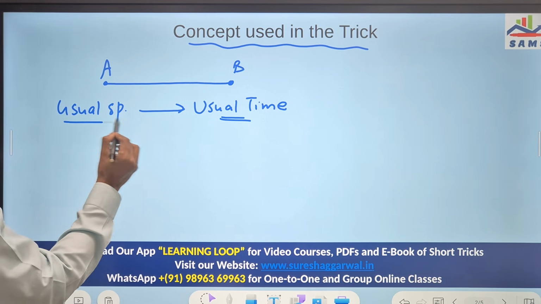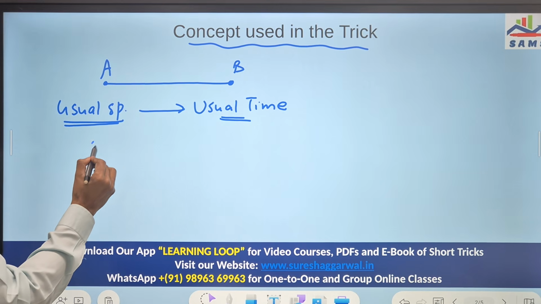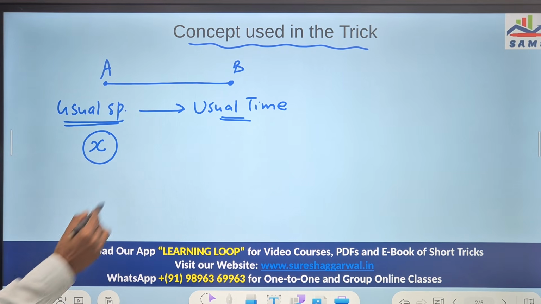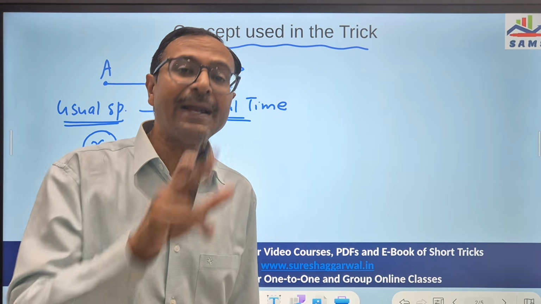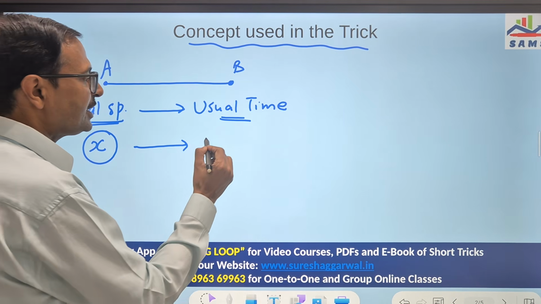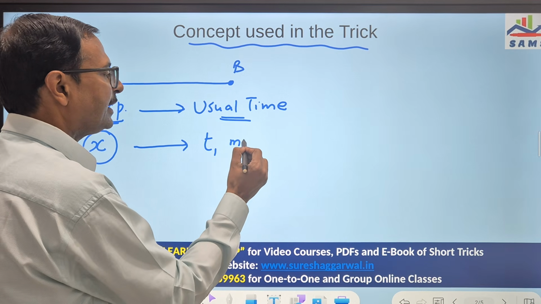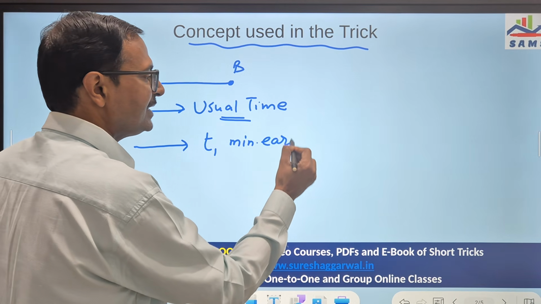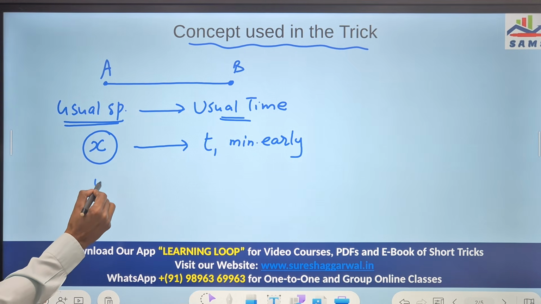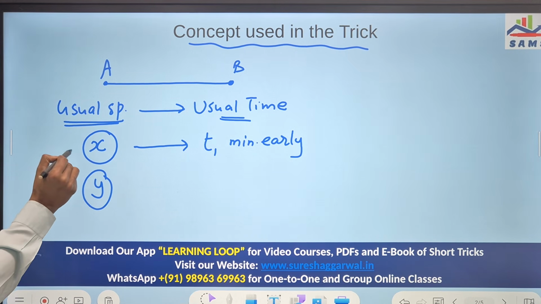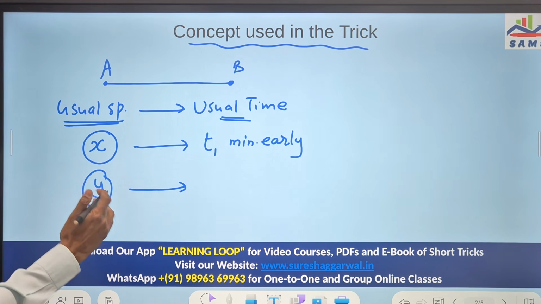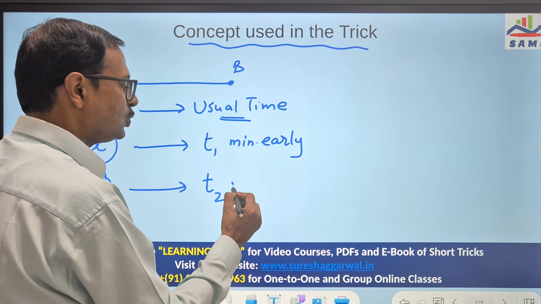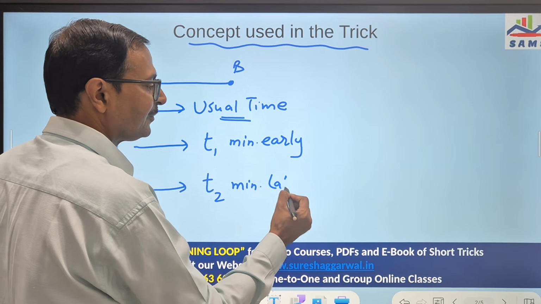Now if I increase this usual speed to x kilometers per hour, I will take less time, so I will reach early, say t1 minutes early. Likewise, if I have a lesser speed than the usual speed, y, which is less than the usual speed while x was more, I will be late, and suppose I am t2 minutes late.